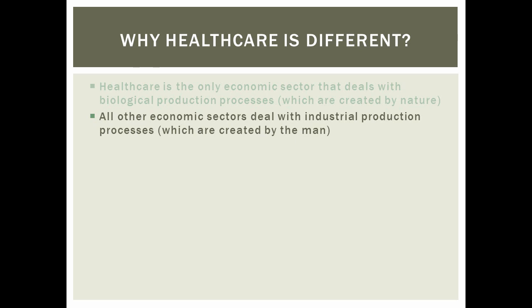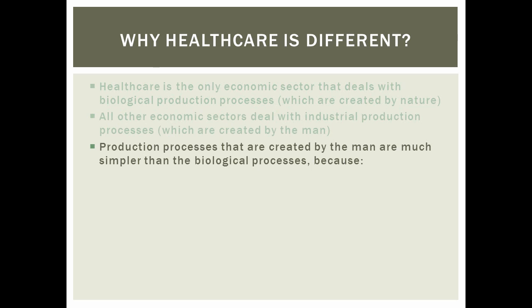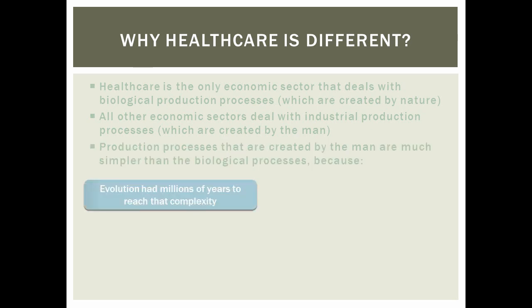There is a difference in the very nature of processes created by man and processes created by nature. Those two types of processes are different. Why are they different? First of all, biological processes were created by nature, which means, of course, that they were created by the evolution of species.